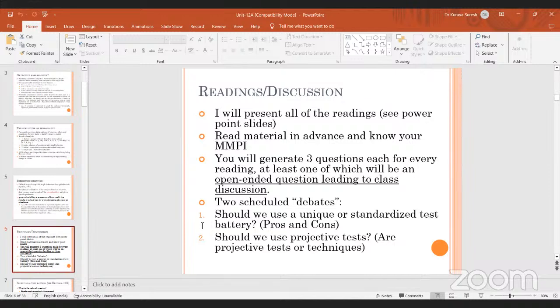Two schedules are debated, such as the methods of unique standardization test batteries. Should you use the standardized test batteries, or should you have the projective test or the non-projective test? It is the techniques of the test regarding these questions.